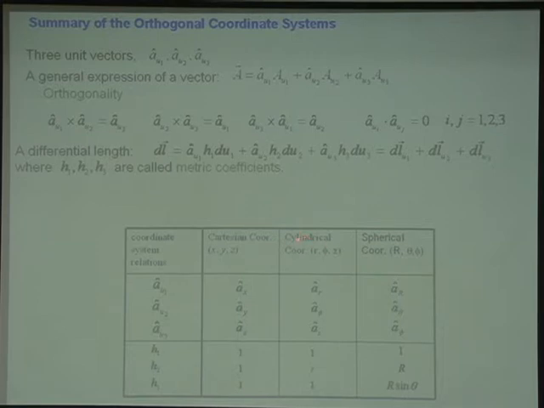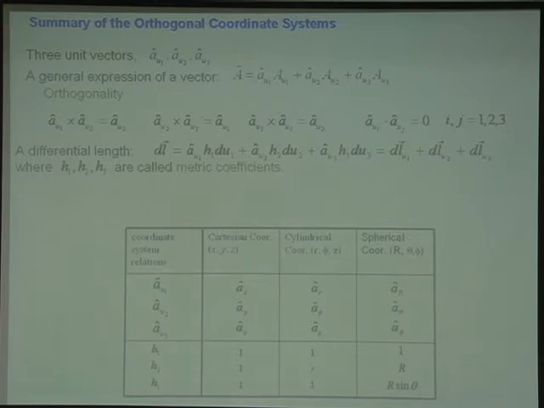In cylindrical coordinate system, it's 1 for h1, 1 for h3, but for h2 it's r, because h2 is phi, and this small segment dl phi is r times d phi, so there is an r in front. Well, same thing, you can check it against the spherical coordinate system. The metric coefficient for spherical coordinate system is R sin theta.